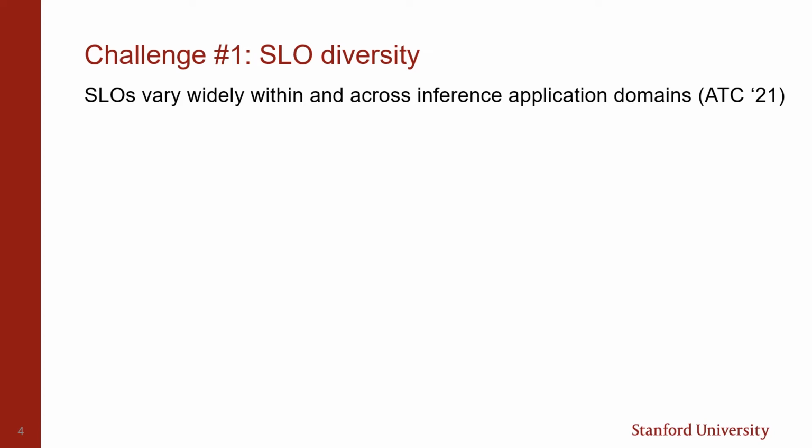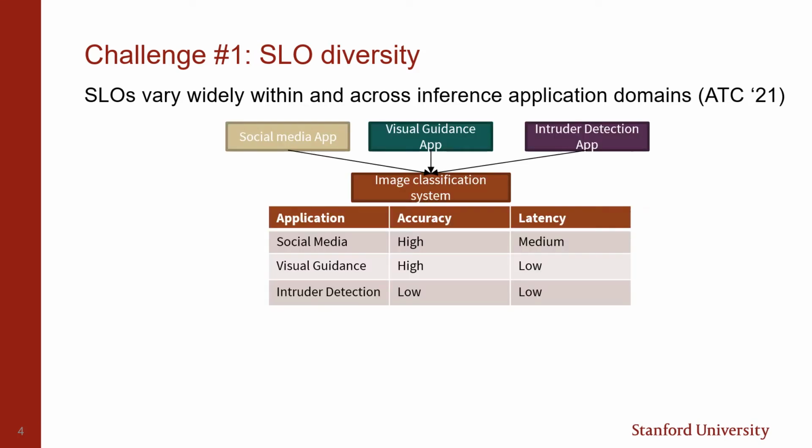So let's get into some of the challenges that inference serving systems face. The first of which is SLO diversity. SLOs vary widely within and across inference application domains. To give an example of this, consider a situation in which a social media application, a visual guidance application, and an intruder detection application all query the same image classification system.